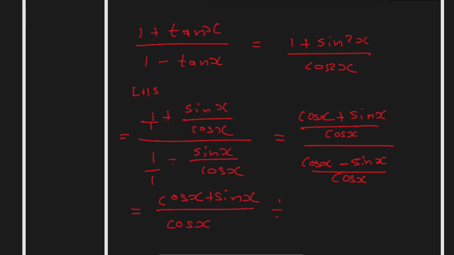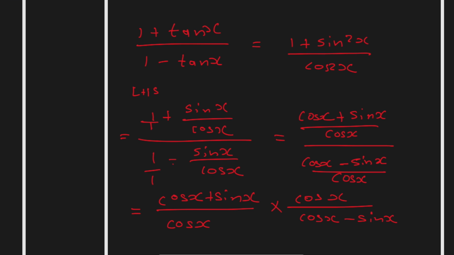So this thing is divided by the whole thing, which is this part here. But now remember, if we change the division to multiplication, the bottom will come to top and the top will come to bottom. So if I change it to multiplication, I'm going to have cos of x all being divided by cos x minus sine x.